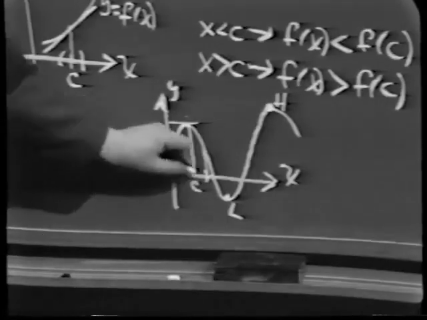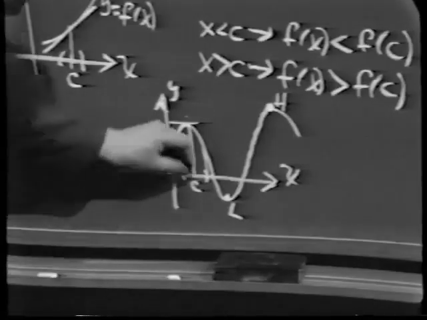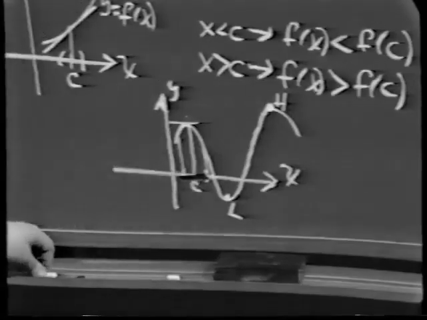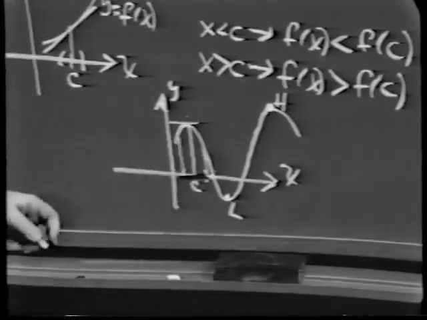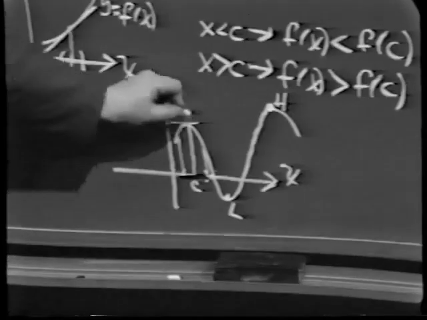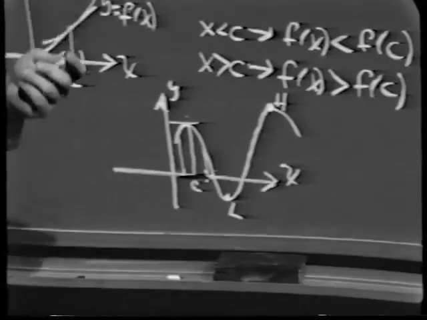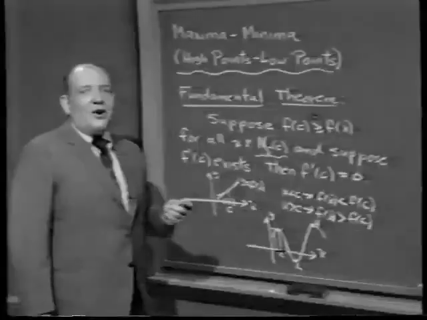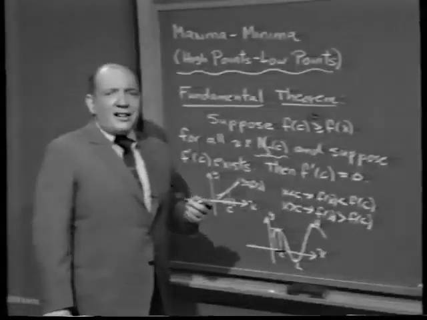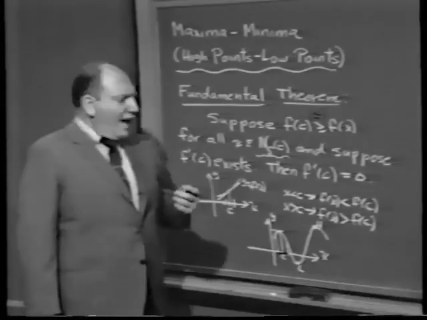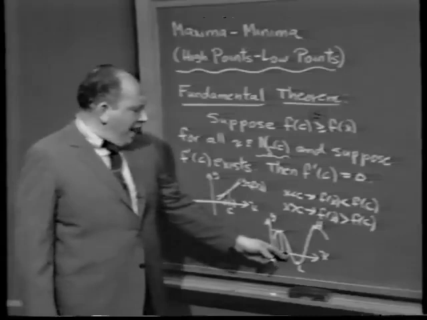In other words, if you knew that for some reason you had to be working in this neighborhood here, you could say, well, in the domain in which I'm interested, this is a high point. And this is why we talk about local or relative maxima or minima as opposed to, or in addition to, absolute maxima and minima. In fact, this happens quite frequently in practice.